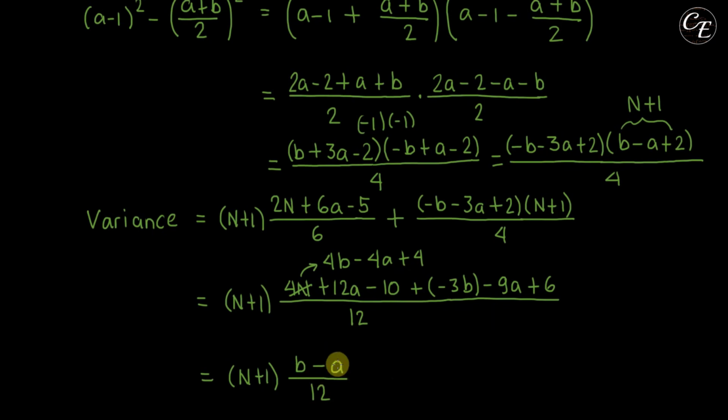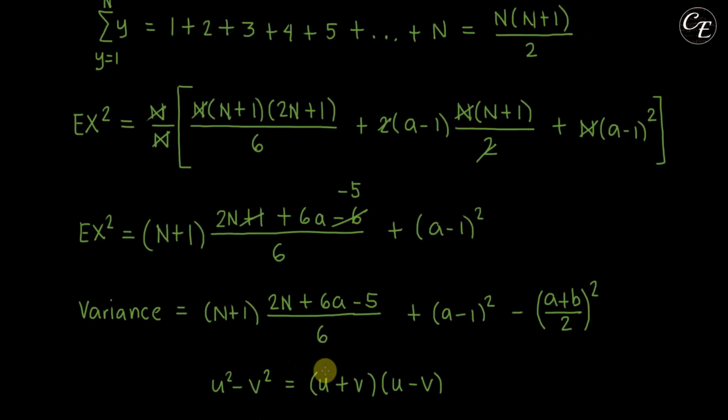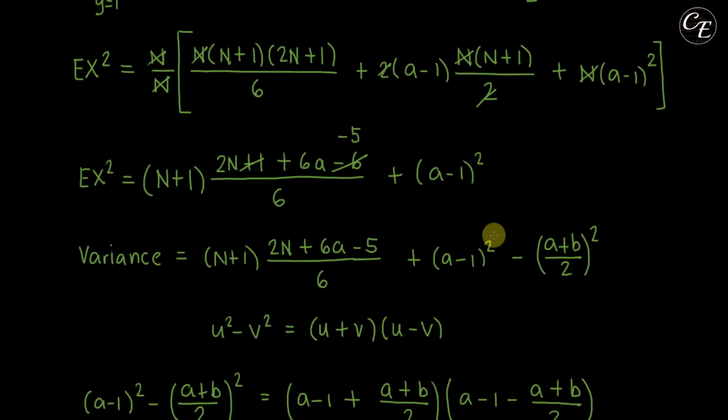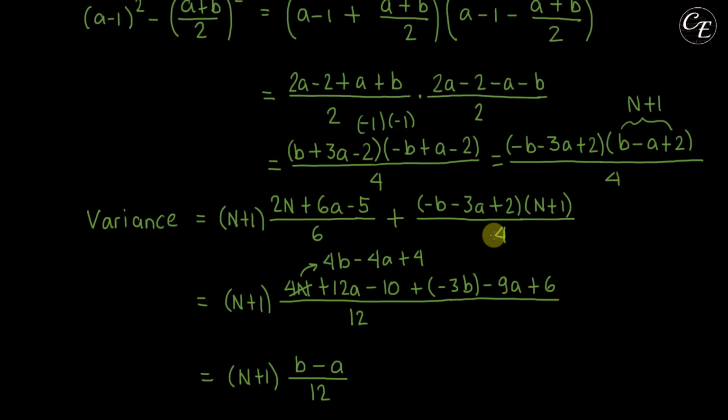Now for this b minus a, this n is b minus a plus 1, then from here b minus a will be n minus 1. So we have this b minus a is n minus 1.